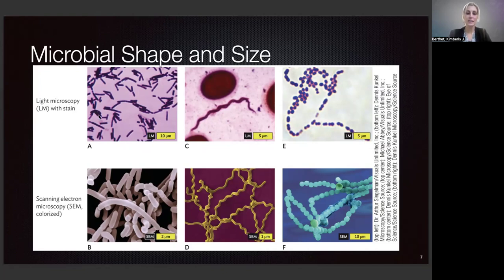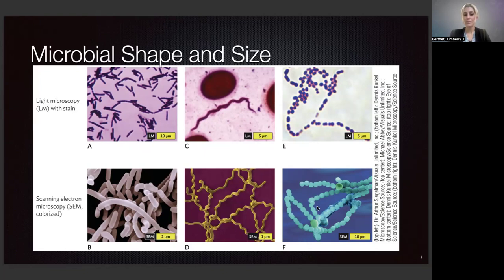So here we can see our sample just with light microscopy, and we can see all the more detail with the scanning electron microscope. And that's for all of these samples here, whether we're rod, cocci, or any other form. We're going to see a lot more detail when it comes to electron microscopy.